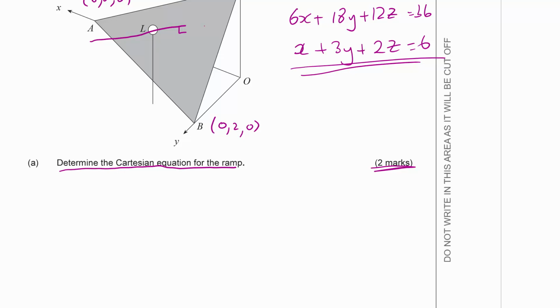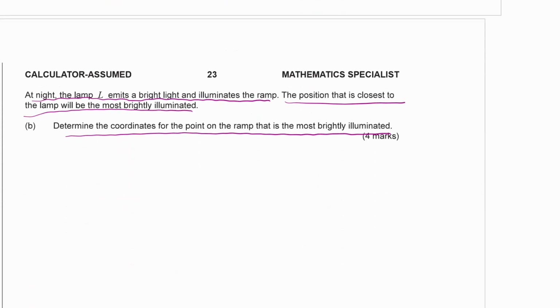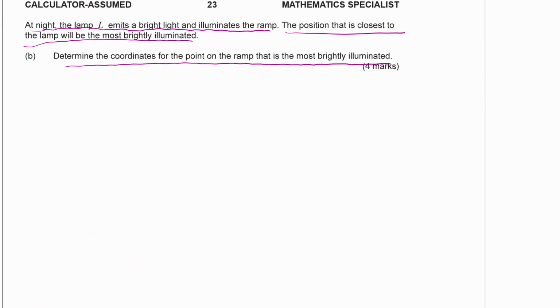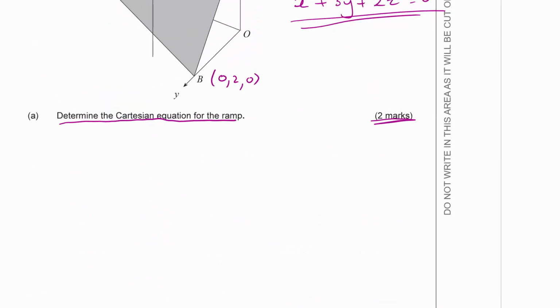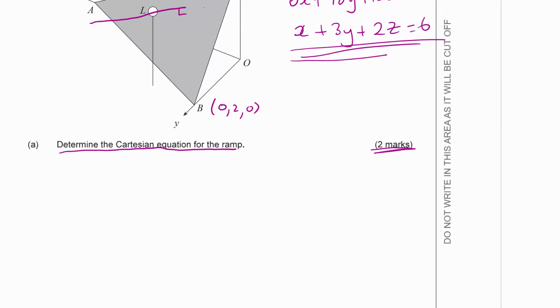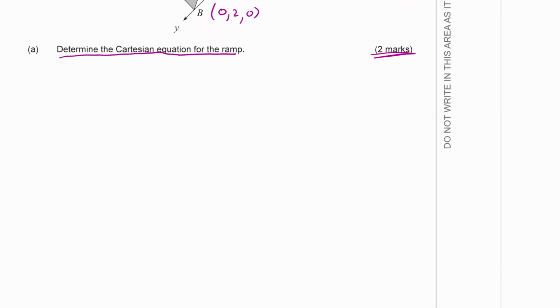So we want a line perpendicular to the ramp through (2, 2, 5/2). So r is equal to (2, 2, 5/2) plus lambda, and if we go back to the plane, we can see the normal to the plane will be (1, 3, 2).